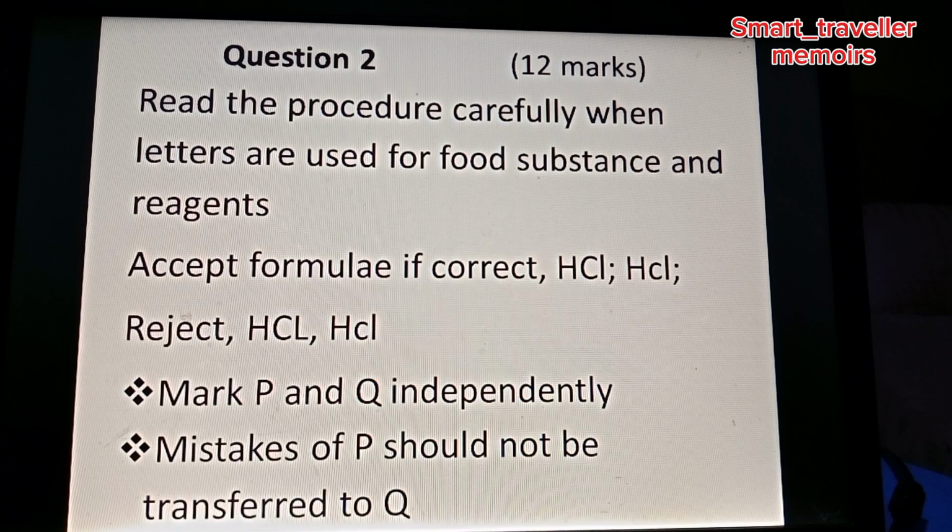Okay? So you accept the formula if correct. Mark P and Q independently. Mistakes of P should not be transferred to Q.